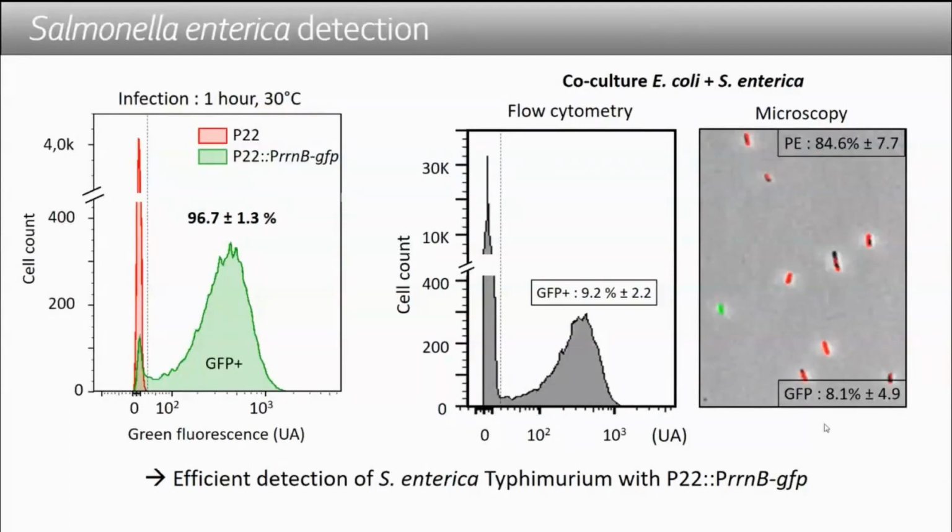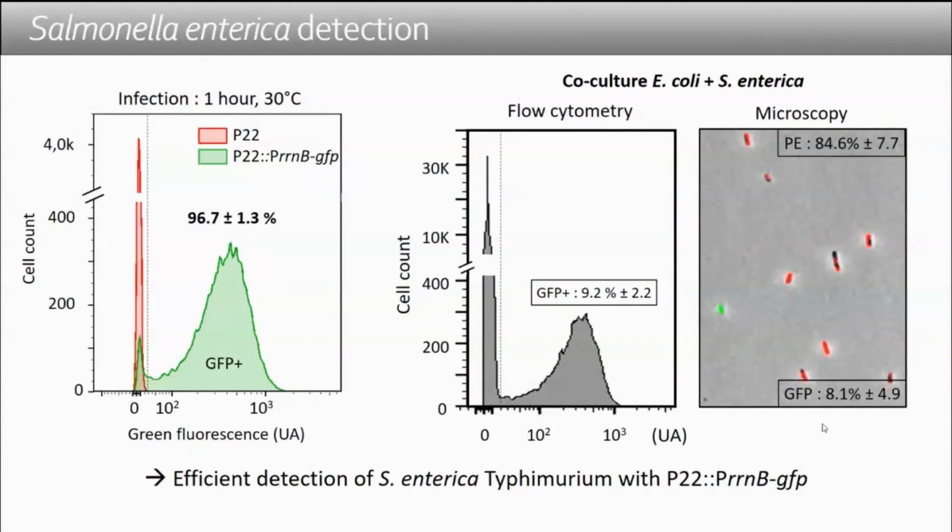And for example, this is a biosensor based on P22 that carries a PRRNB GFP fusion. And you can see that we can discriminate very easily the infected cells from the non-infected cells. But so this is pretty easy. You have a pure culture, you design a biosensor, and yes, you detect almost 100% of the bacteria.